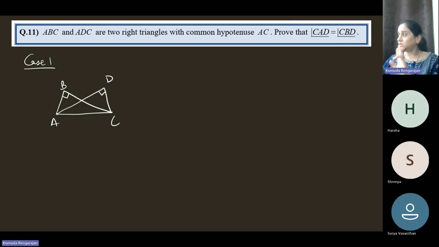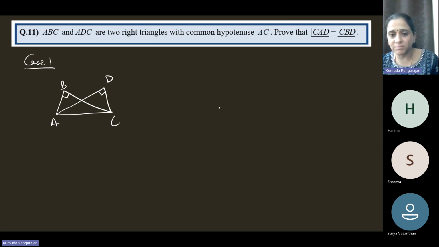What is given? Two right triangles, and their hypotenuse is common. Which is the hypotenuse? AC. So you can see here, the triangles are ABC and ADC, and both of them lie on the same side of the hypotenuse.